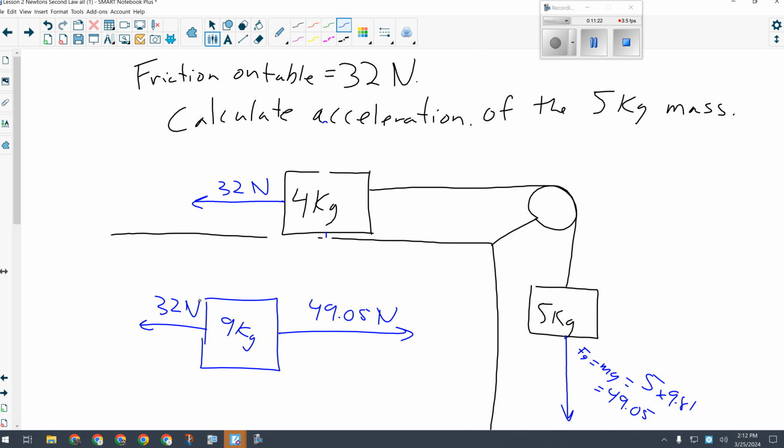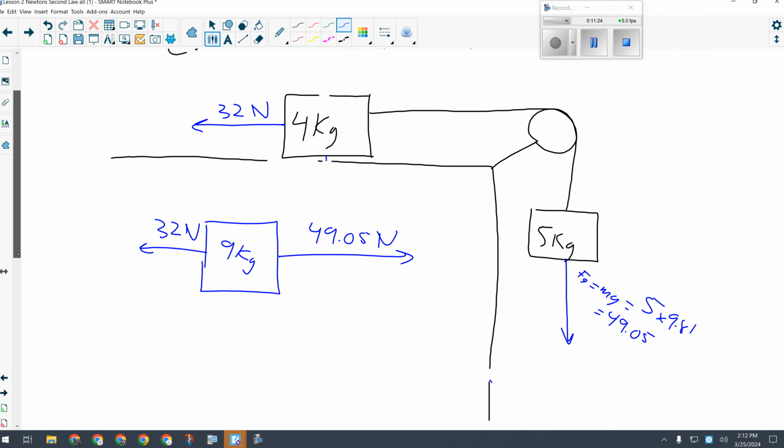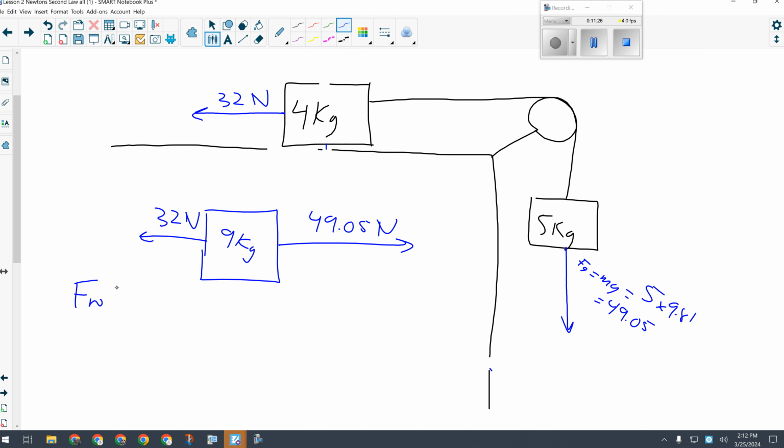From there I can do the vector sum of all forces and get my F net. So that'll be 49.05 minus 32. That should be 17.05, right?